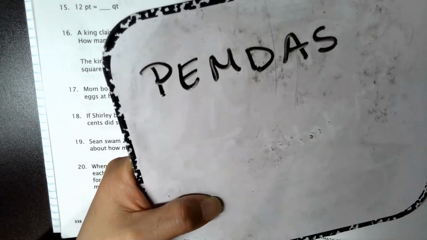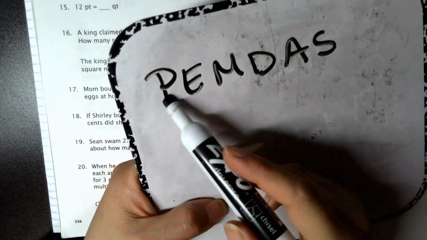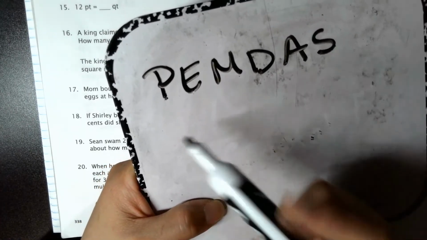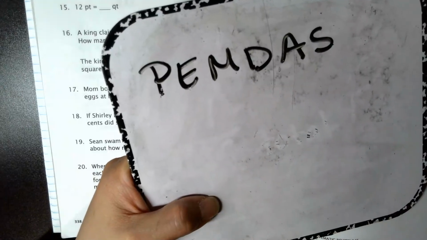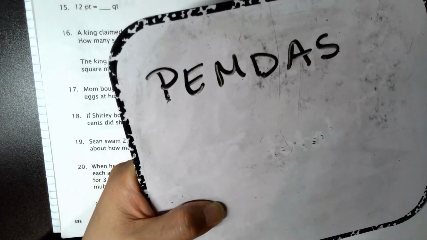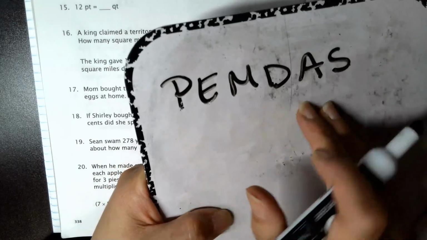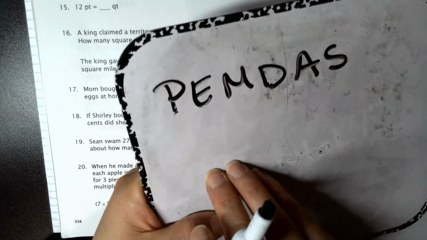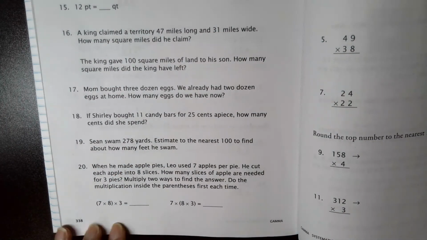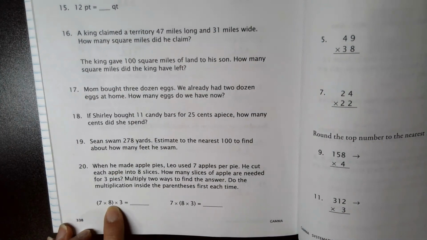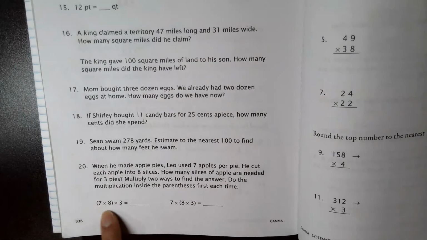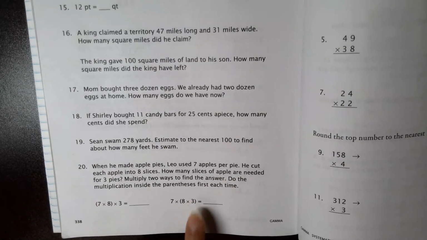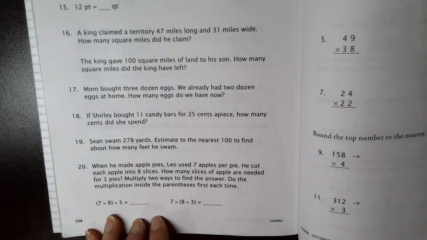So when you're doing something that's in parentheses, that always goes first because the P in PEMDAS is first. If there's any parentheses in your problem, it's good to know this order of operations, so you know what has to be done first, and then you can make sure you get the correct answer. So over here, they have these parentheses, so we know that whatever's inside of these parentheses has to be multiplied first before we can move along.